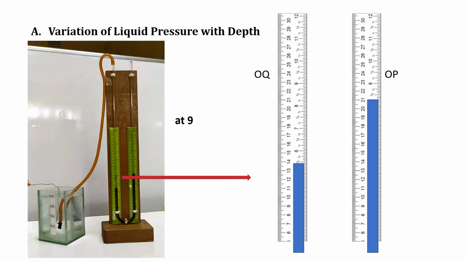Take note, here we're using the smaller jar and the probe is positioned upside down. Now let's move to the second part of the experiment.